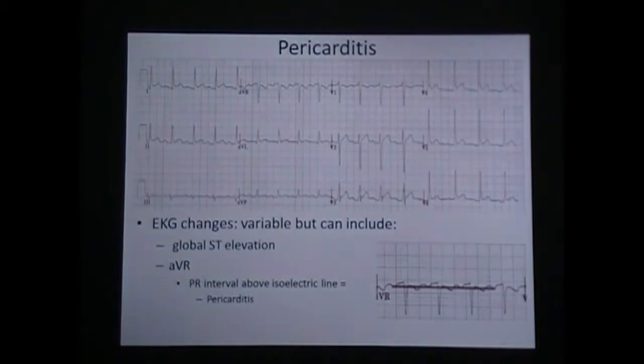Nice little thing. I've never found a use for aVR until I was doing some research for this and talking to my cardiologist. If you go to aVR, okay, and you find your isoelectric line, if your PR segment right here is above the isoelectric line, that's actually indicative of pericarditis.